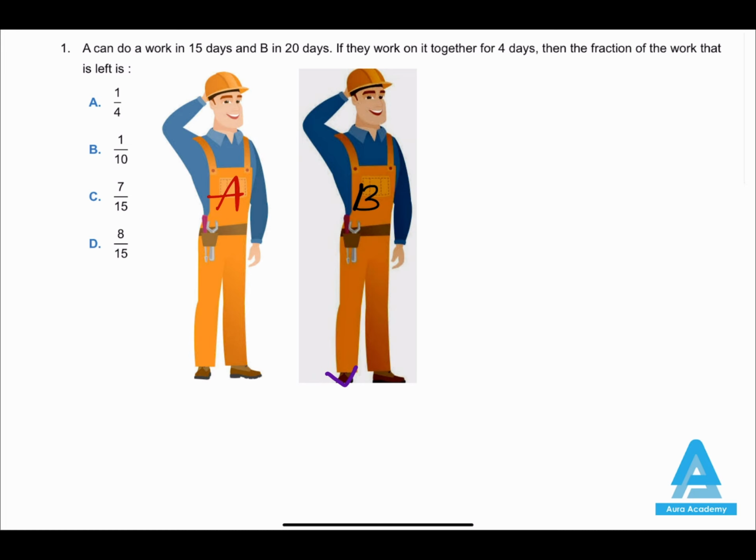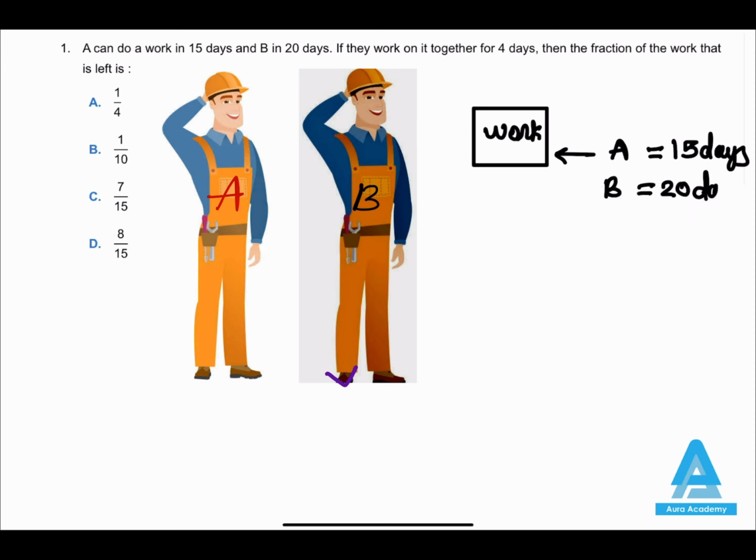Let's say this box is our work, and A is able to do that work in 15 days and B in 20 days.